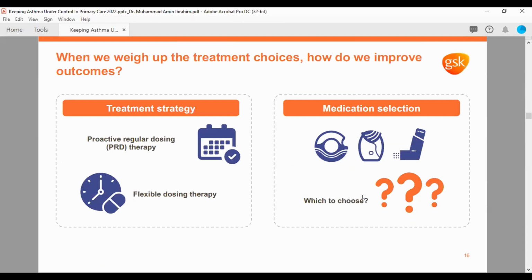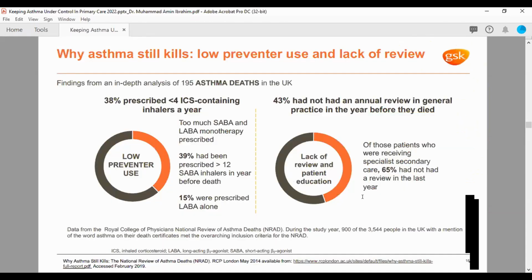So the next question, how do we decide whether to give proactive regular dosing, PRT in short therapy, or should we give flexible dosing therapy? A single reliever, a single inhaler for maintenance and reliever. On top of that, we have various inhaler types, which is the best for our patient? I think Dr. Arif already presented this slide yesterday, looking at the asthma deaths in the UK population.